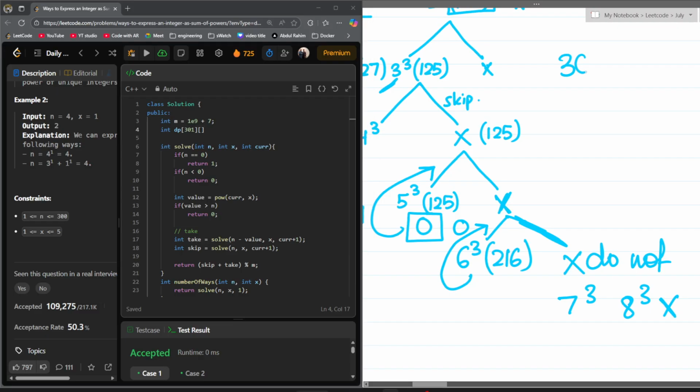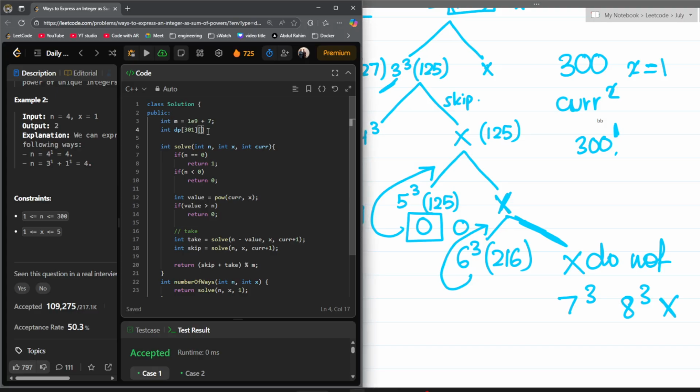Because if I need to make 300 and x is given to me as 1, then one of the answers would be current to the power x, where current is equal to 300 and the power is equal to 1, right? So I also need to make sure that this is 301, because at maximum current can also go up to 300.